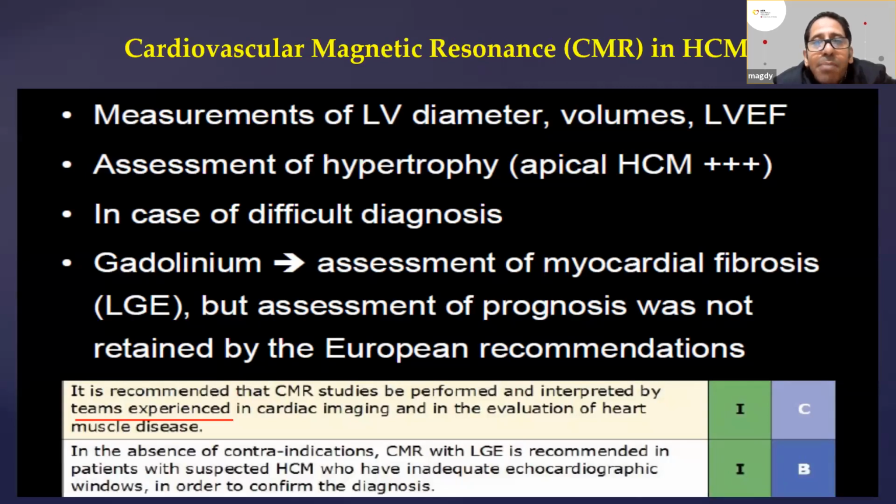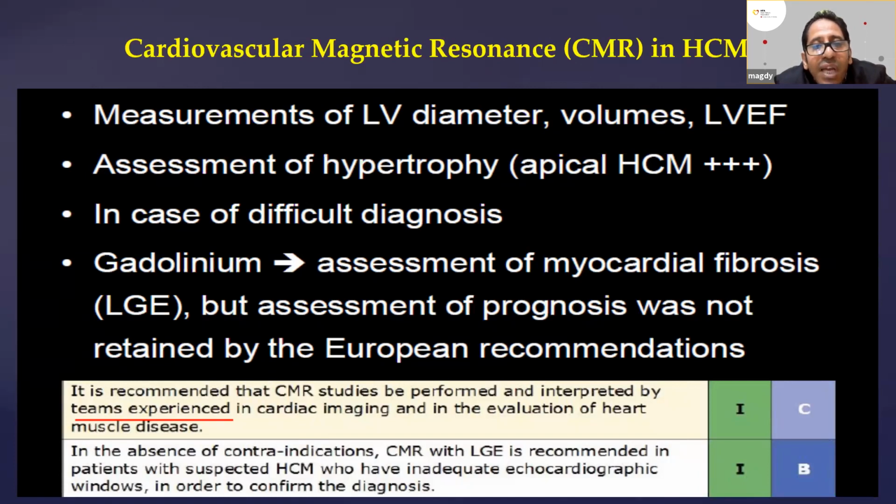What about CMR in patients with hypertrophic cardiomyopathy? Another important non-invasive imaging tool to measure the LV diameter, volumes, ejection fraction, assessment of hypertrophy in detail, especially if you are suspecting apical hypertrophic cardiomyopathy.